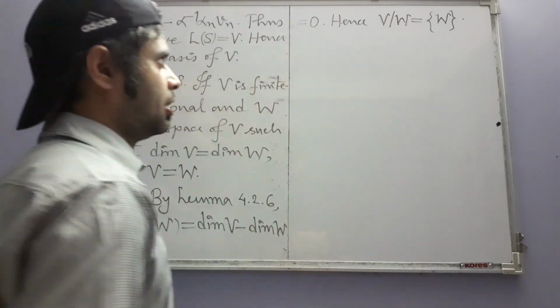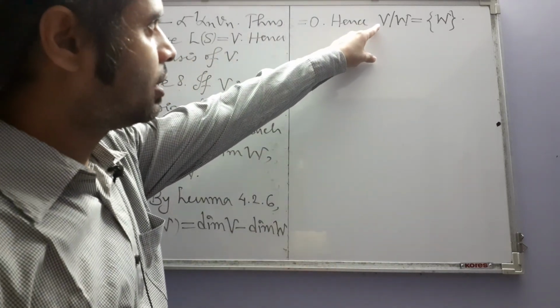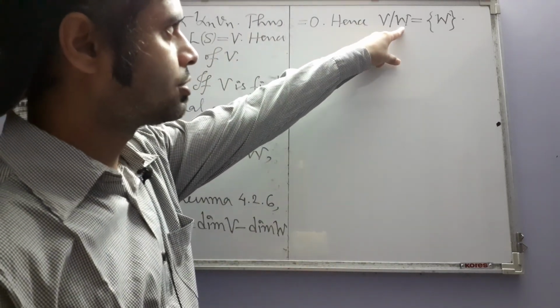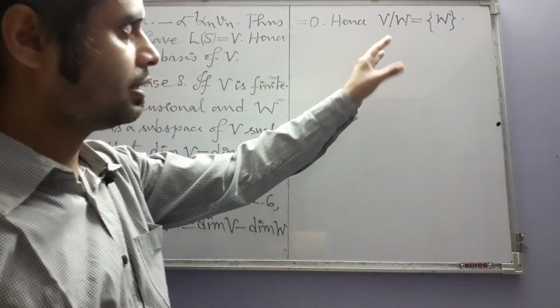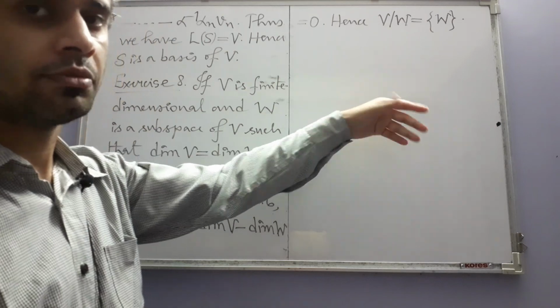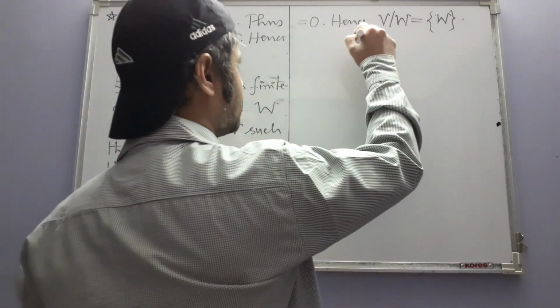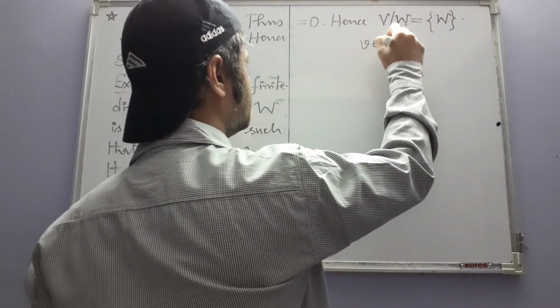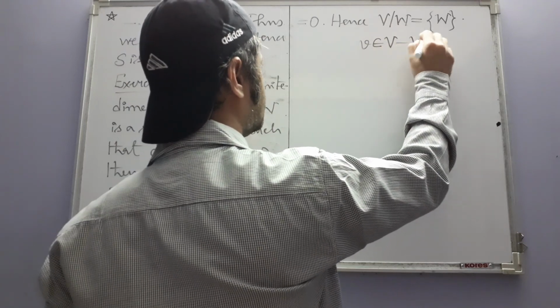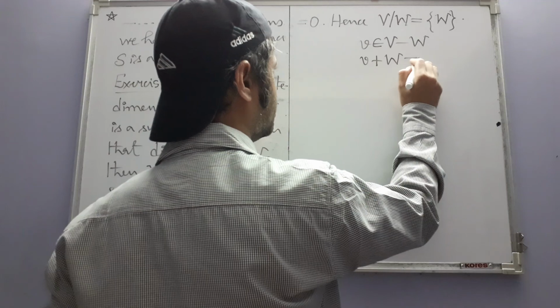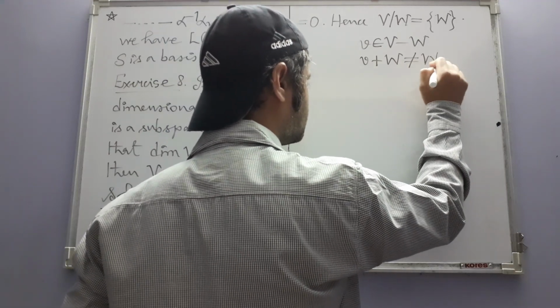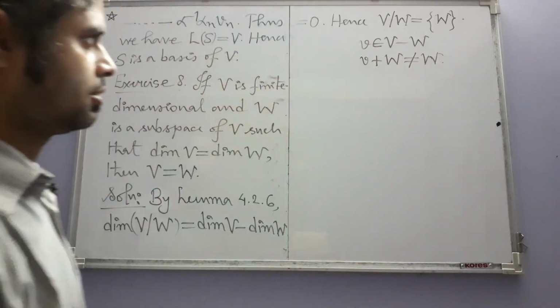So that means, if you have anything in V outside of W, will that give you this coset itself? Of course not. If you have something in V which is not in W, then this coset of W will be distinct from this 0 coset.